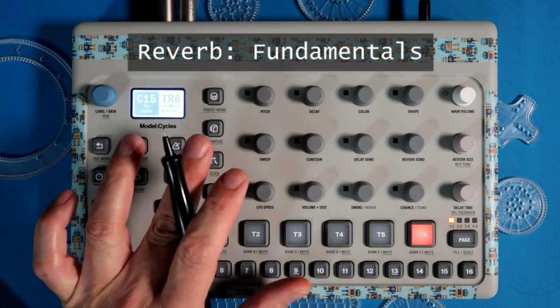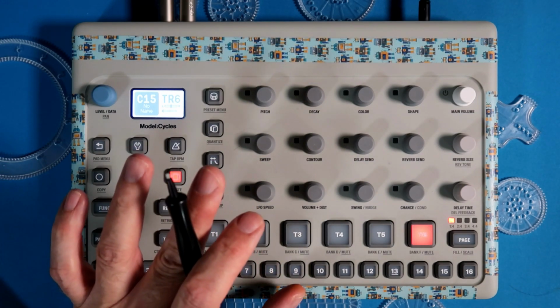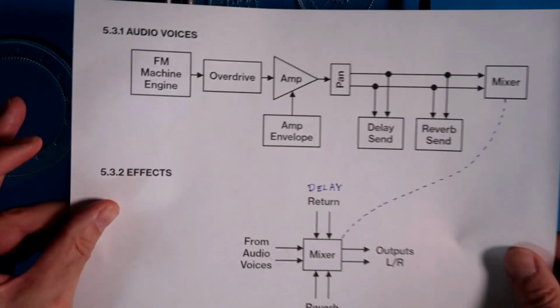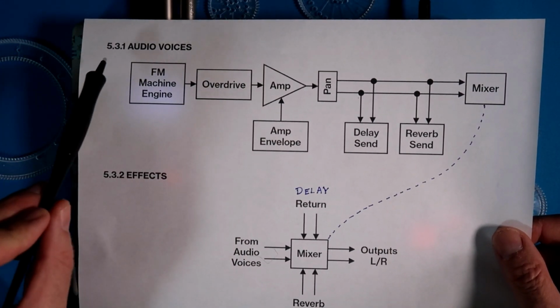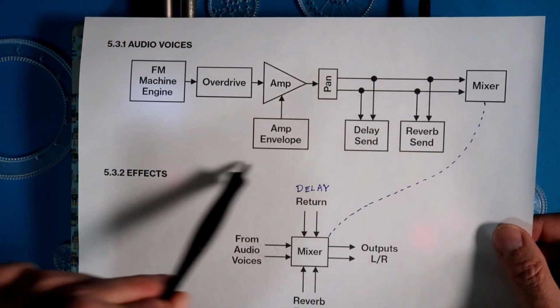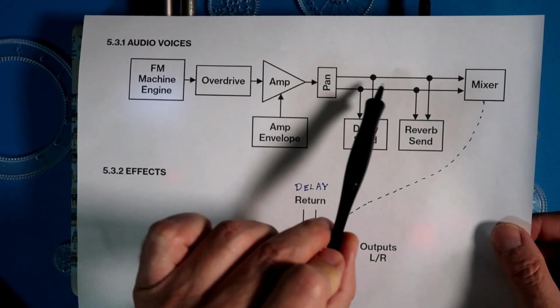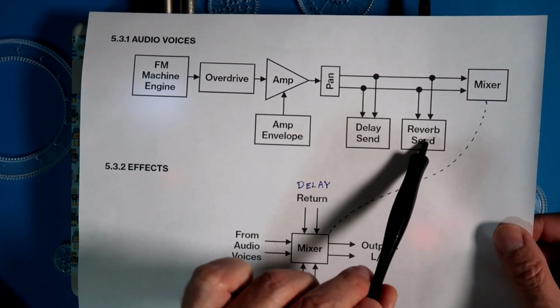All right, so I've decided to talk about the reverb first because it's kind of the easiest one to describe. The manual has an architecture diagram for the Model Cycles, and the basic thing to get out of this is that you've got everything that makes sound, and then some of that gets tapped off into the reverb send.